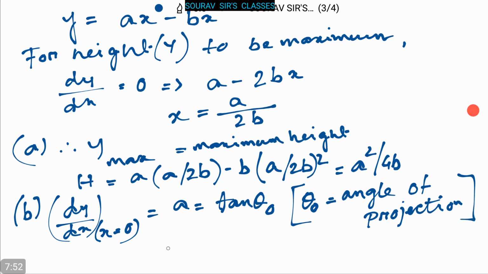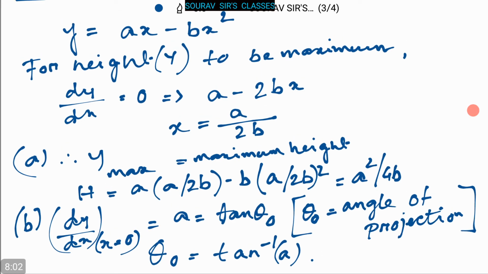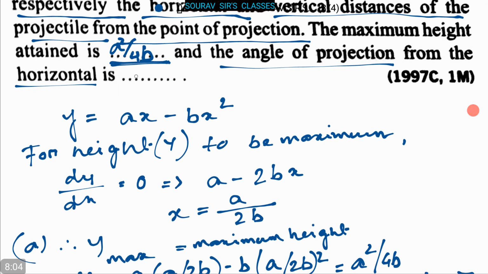So here we can write theta 0 is equal to tan inverse a. So the angle of projection is tan inverse a, and this is our answer.